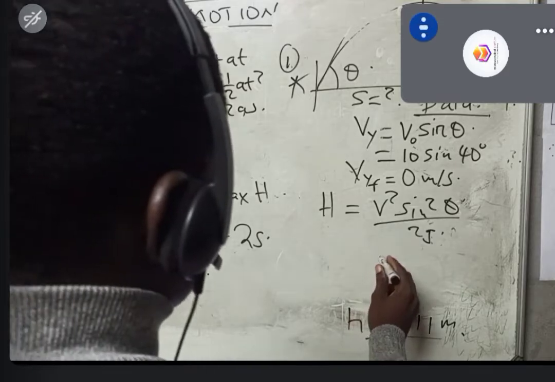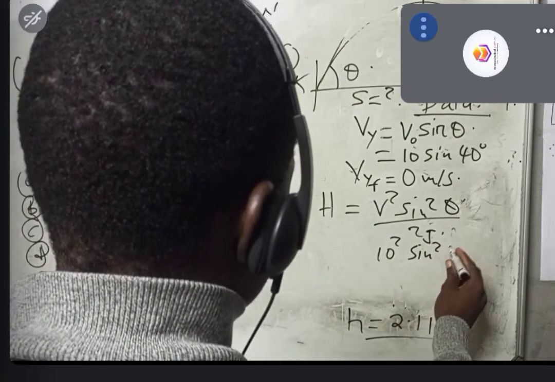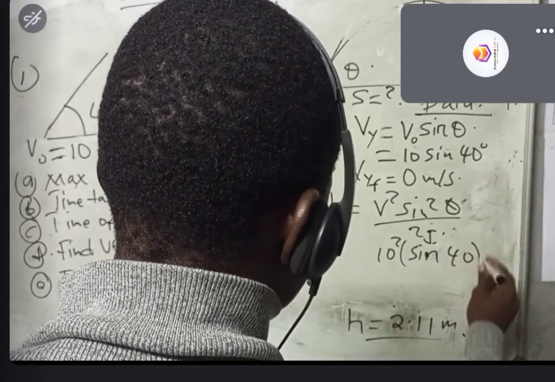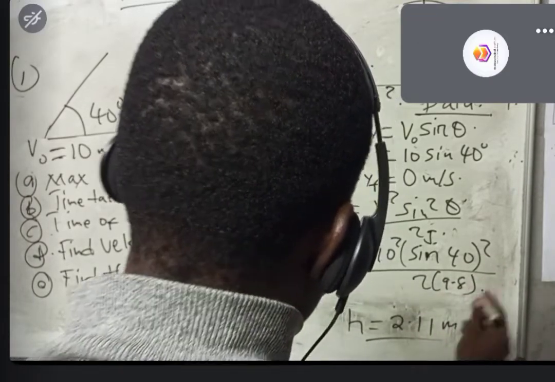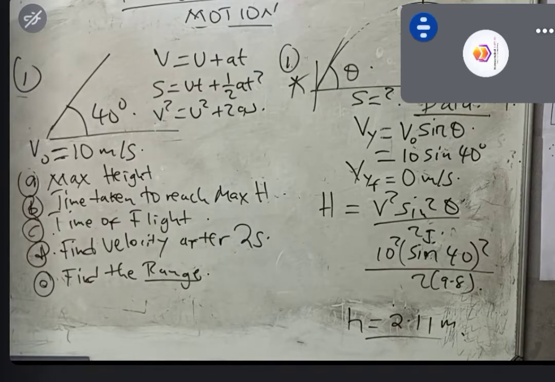We have 10 squared sine squared 40 over 2 times 9.8. So you have 100 multiplied by sine 40 squared divided by 2 times 9.8. Same answer.